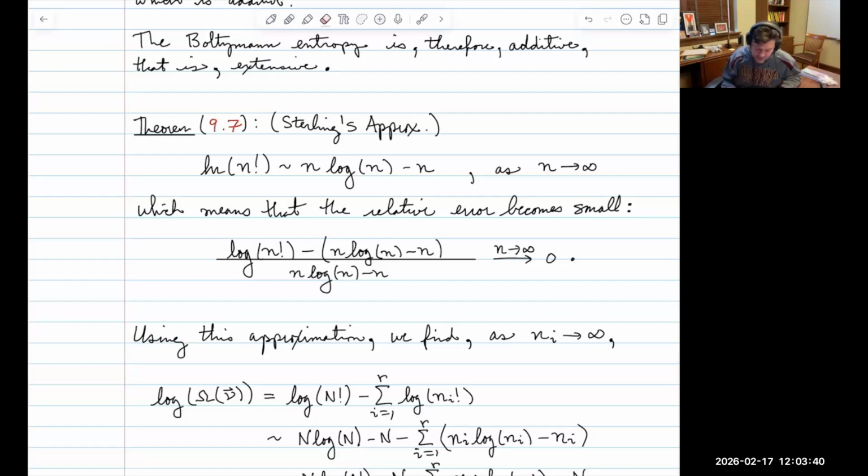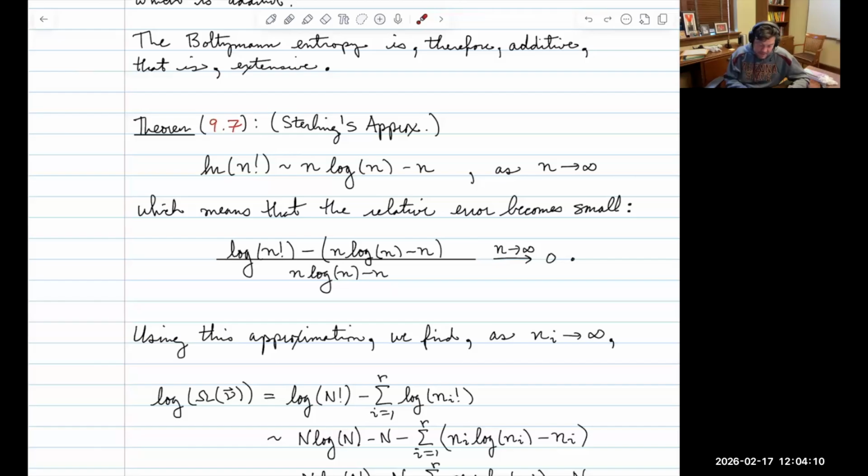So you may have seen this approximation before. If you haven't, don't worry too much about it. The approximation called Stirling's approximation is given in a couple of different ways. We're going to use the logarithmic version because the stuff that we encounter is logs of stuff. Usually it's to replace a factorial with some other function. We're going to replace the log of the factorial, because we're going to be using logs of factorials again and again.